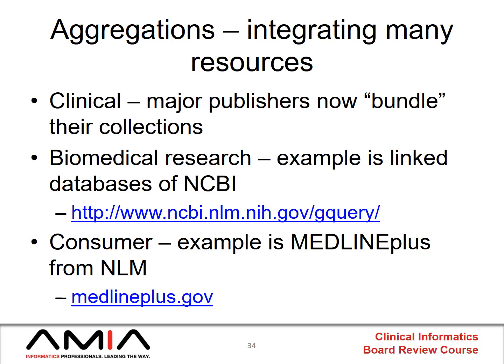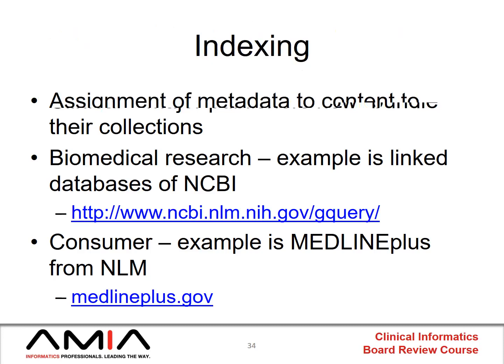That can all be explored at the NCBI website. And there are also growing numbers of aggregations for consumers. Probably the best example is Medline Plus from the National Library of Medicine, that brings together many different types of information resources for consumers to learn more about health problems.